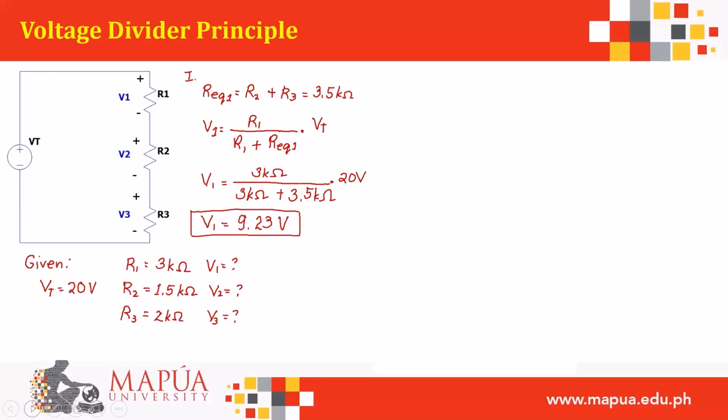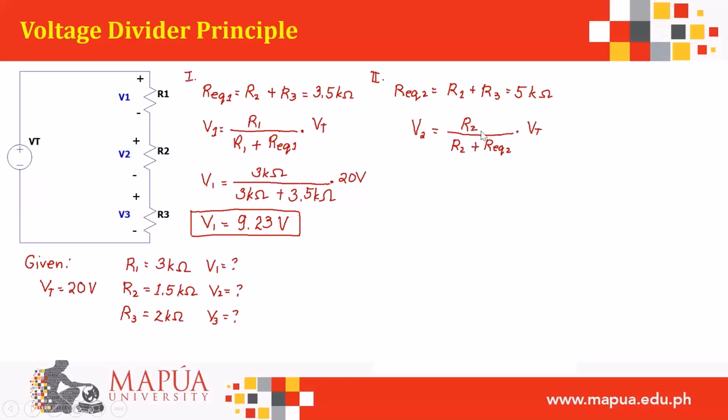Let's solve for V sub 2. First, we need to get the equivalent resistance of the other resistors. Since there are 1, 2, 3 resistors, let's get the equivalent of the other two. Since we're looking for the voltage across R sub 2, we need to add R sub 1 plus R sub 3, which is equal to 5 kilo ohms.